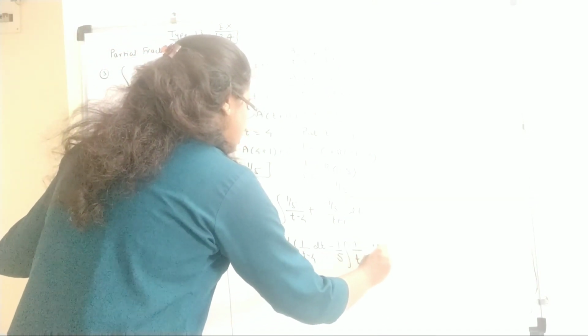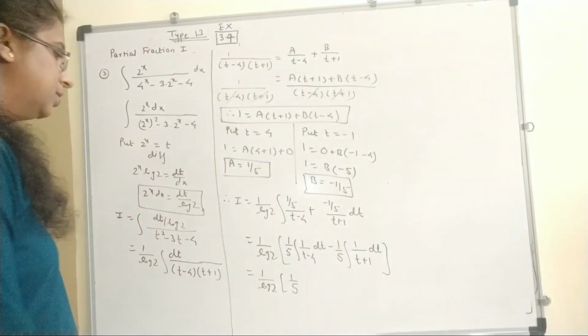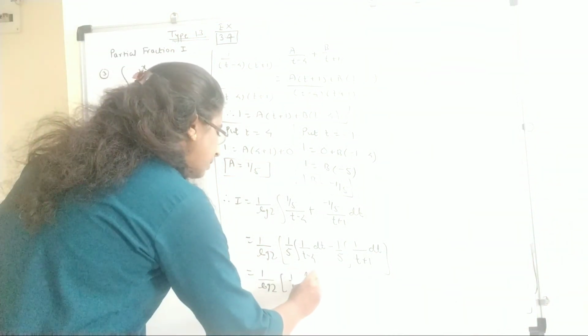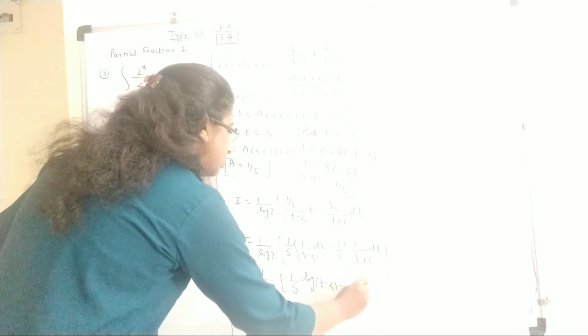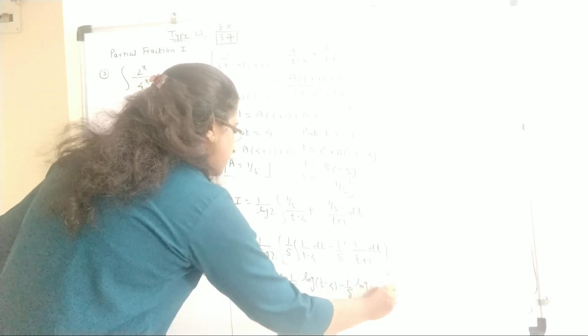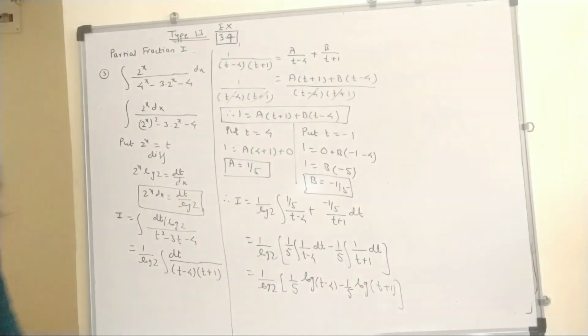And so we'll get this value as 1 upon log 2 inside bracket 1 upon 5 times log of t minus 4 minus 1 upon 5 times log of t plus 1. Bracket complete. Now see what to do next.